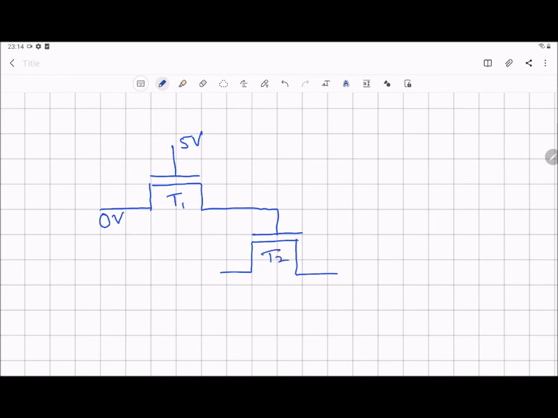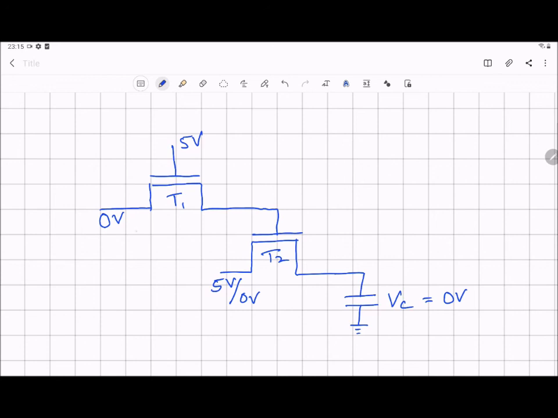The drain terminal of transistor T2 is connected to 5 volt, 5 volt or 0 volt doesn't matter, and we have a load capacitor at the output, and let us call this capacitor voltage Vc, which initially I am assuming is 0 volt.